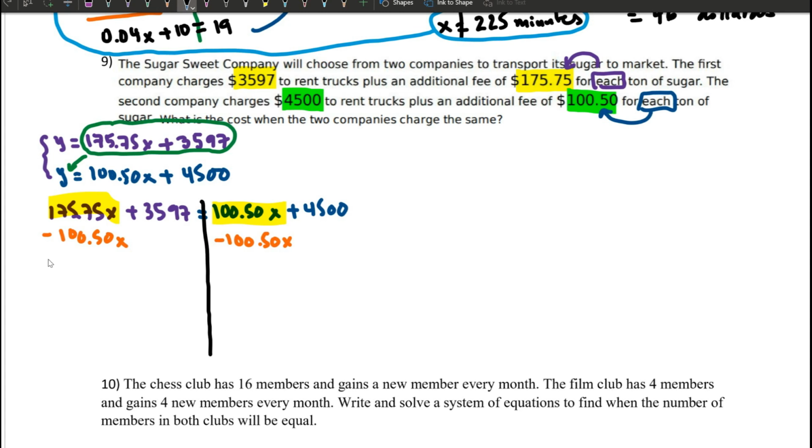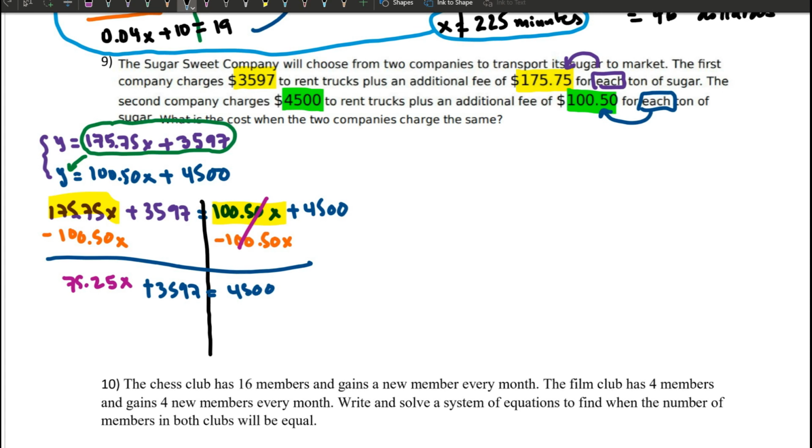Okay, so this cancels out. We have 25.75x plus 3,597 equal to 4,500.